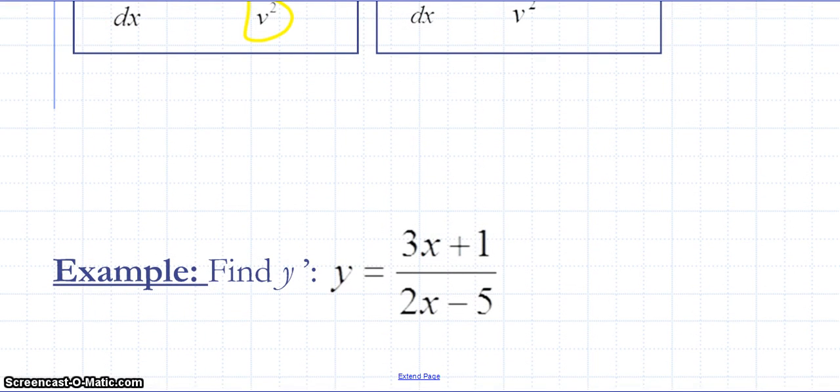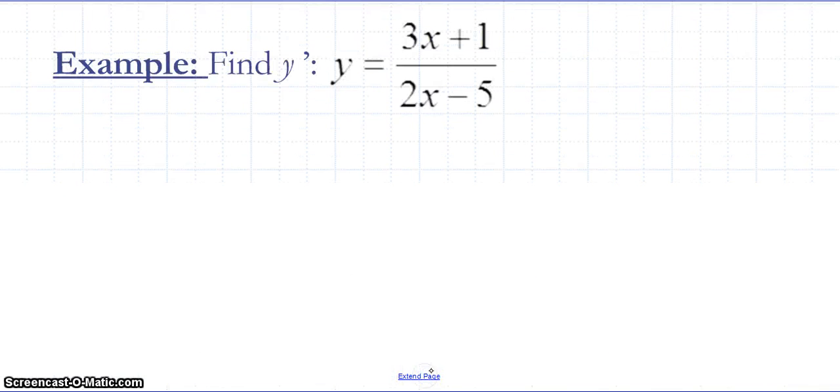The quotient rule is very useful when we have something like this. So if we want to find the derivative of y equals 3x plus 1 over 2x minus 5, we want to use the quotient rule. So the way that I like to say it to myself, which I know you'll love to hear, because I'm going to say it out loud, so you're going to hear it.